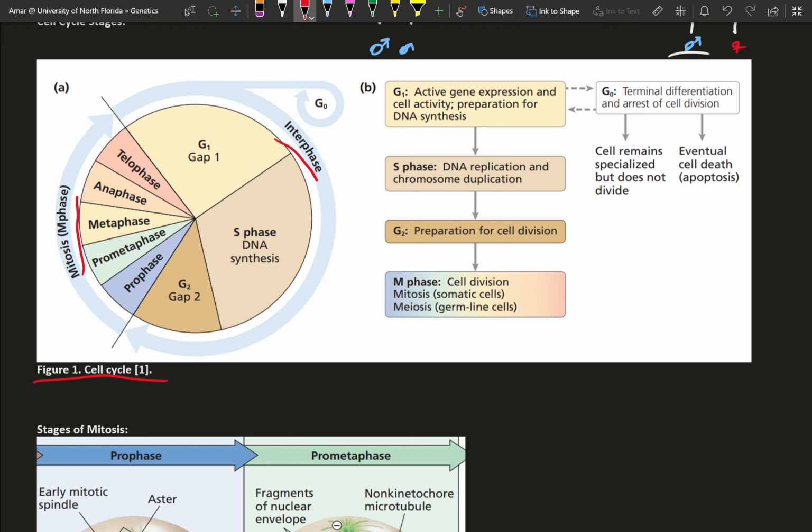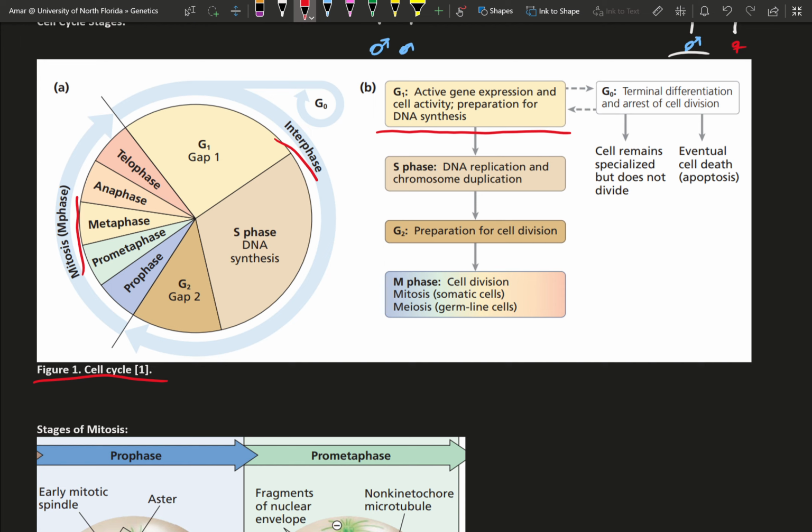During interphase, that's where you have the growth phase, and G1 phase is the normal cell processing phase. And then when you enter S phase, this is typically referred to as the DNA synthesis phase.